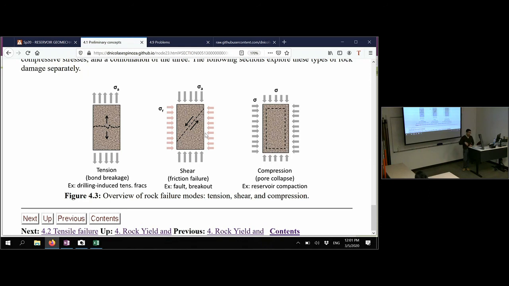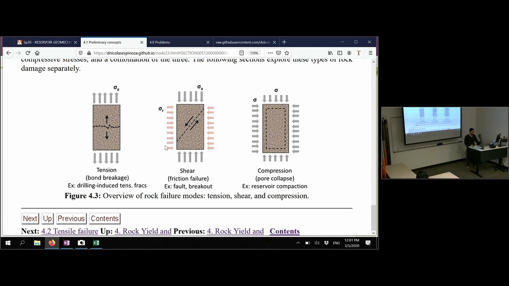So you're creating an additional permeability that you didn't have before, and that's why geomechanics is so important today, because with unconventional tight reservoirs, without fracturing, you wouldn't be able to produce economically out of these formations. And we're going to see that in hydraulic fracturing, we see both types of failure, tension and shear. Both of them are very important.